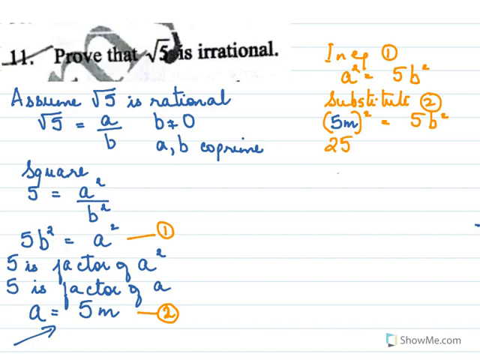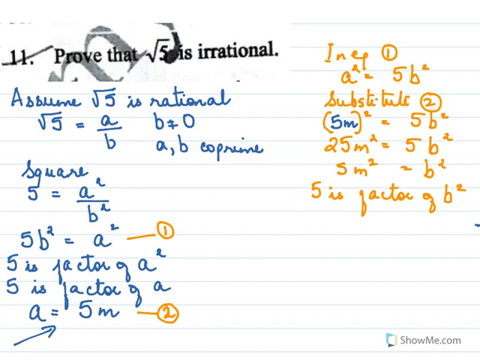Now if I solve this, I get 25 m square equal to 5b square. Take 5 common out, and here I will get that b square equal to 5m square.